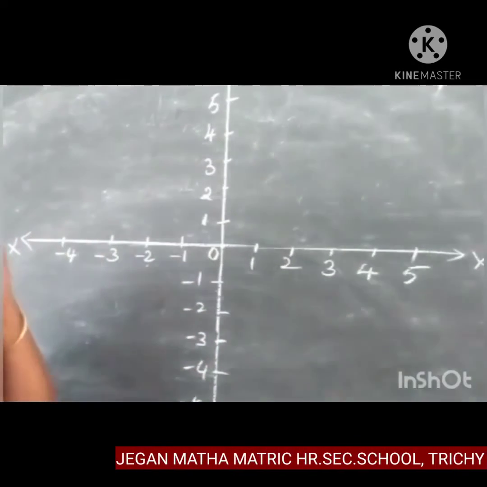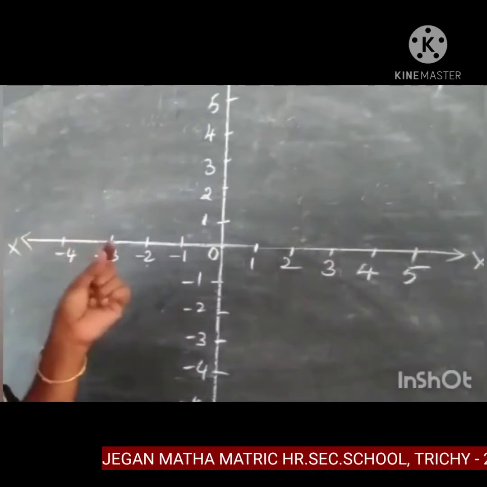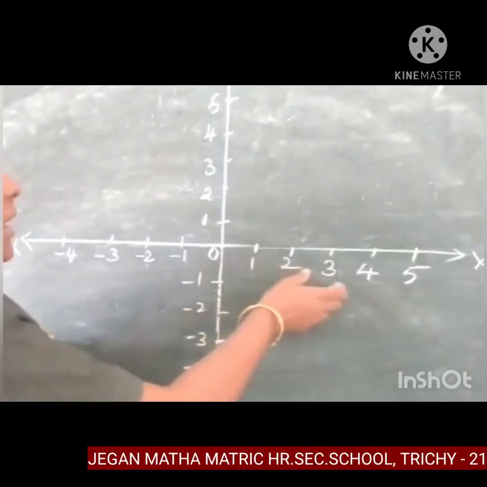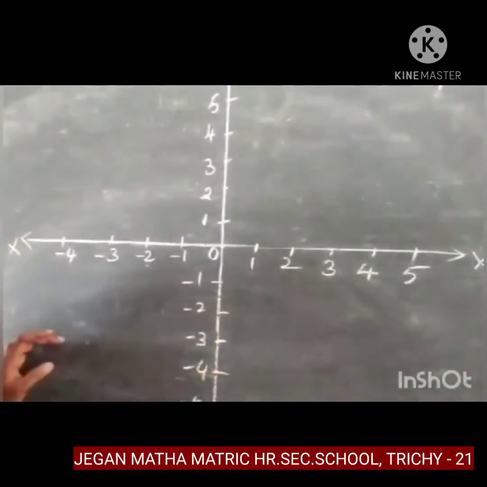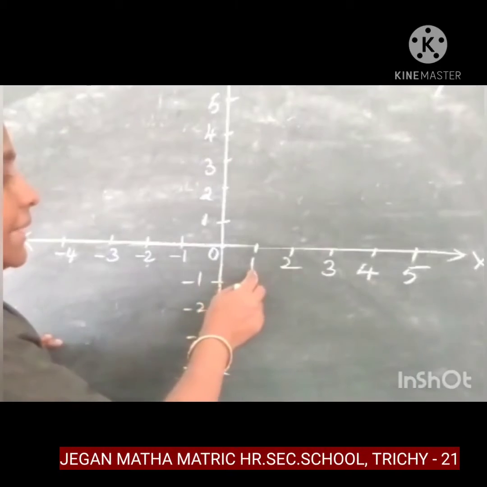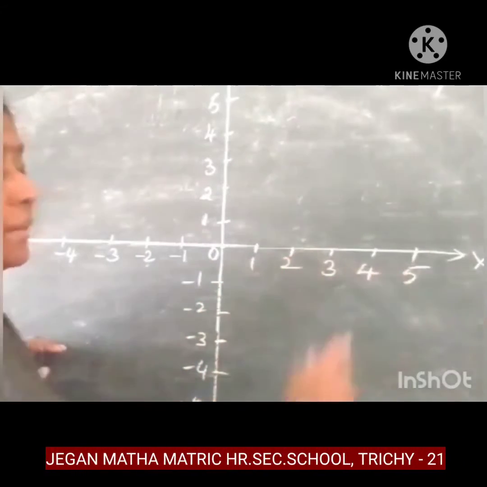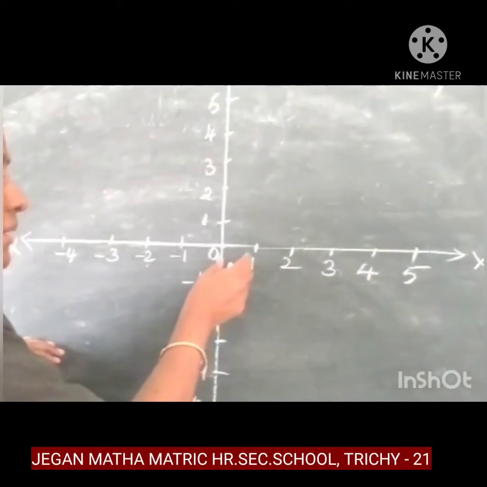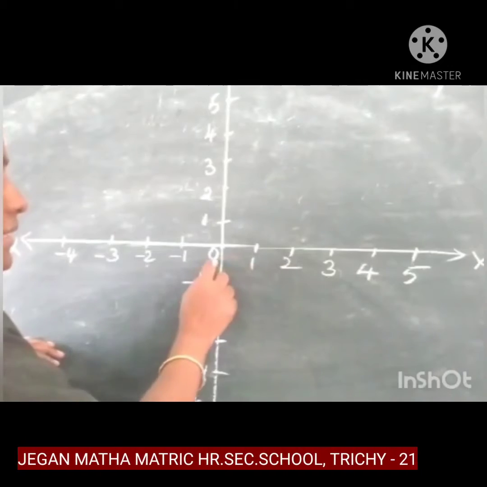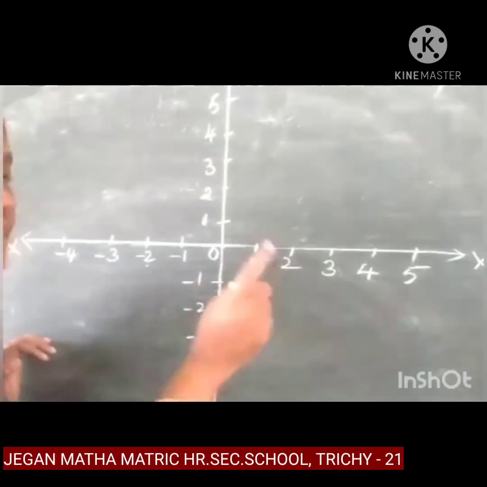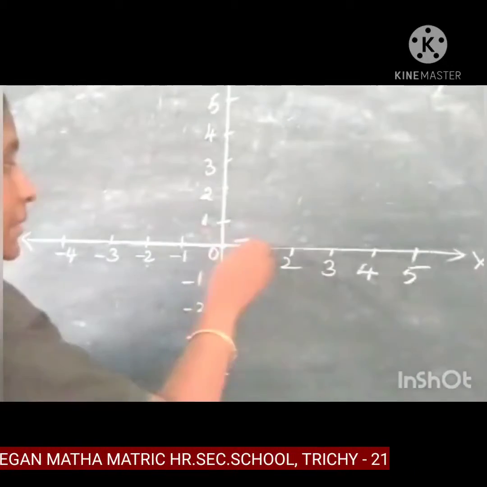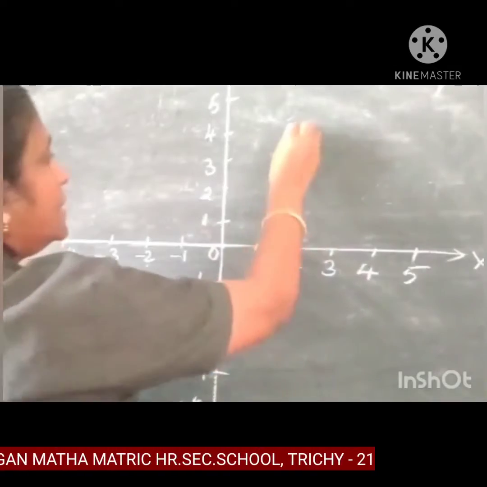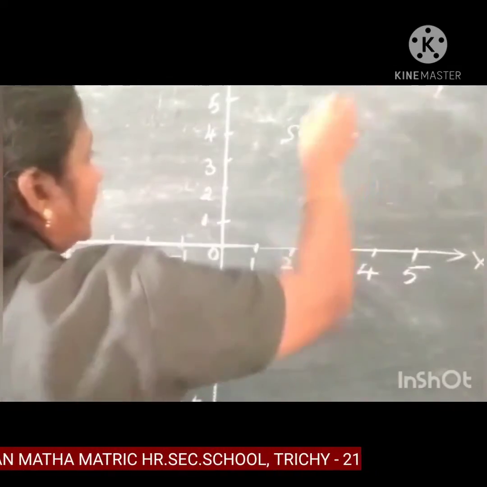Scale, at the starting itself you must write the scale. Scale means how you give the numbers. The counting numbers here are 1, 2, 3, 4, that counting only, each one 1 centimeter. The difference between 0 and 1 and 2, everything is a 1 centimeter difference. So first you have to write the scale on the top.